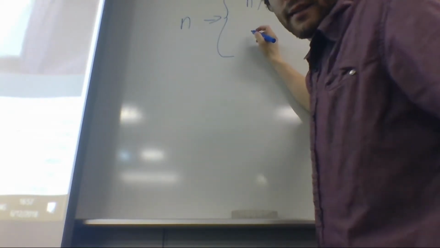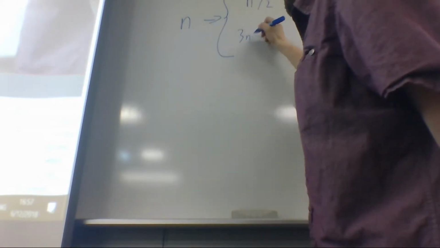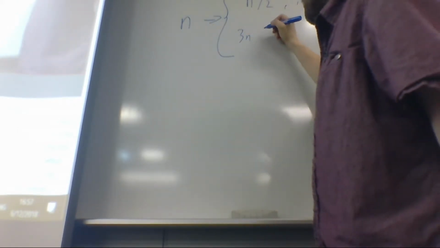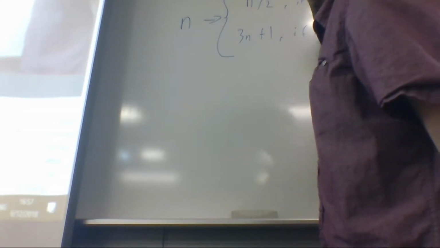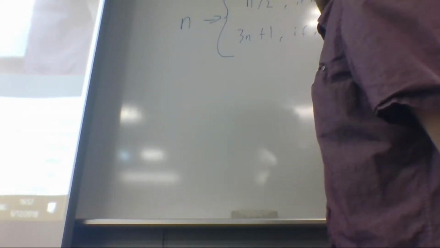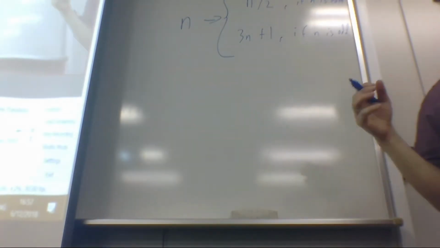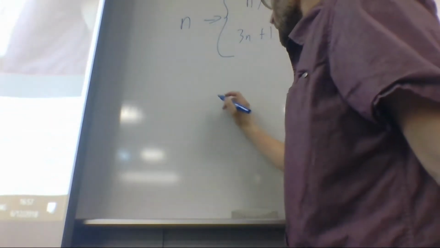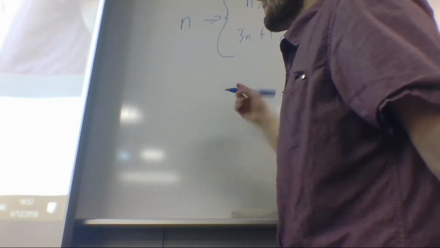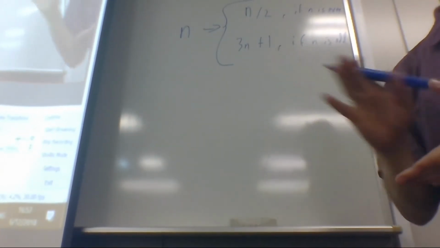Otherwise, it is 3n plus 1. This is a wonderfully simple rule. It's actually not that hard to generate numbers like this. The sequence terminates at 1; that's the last rule. If we get to 1, we just stop.